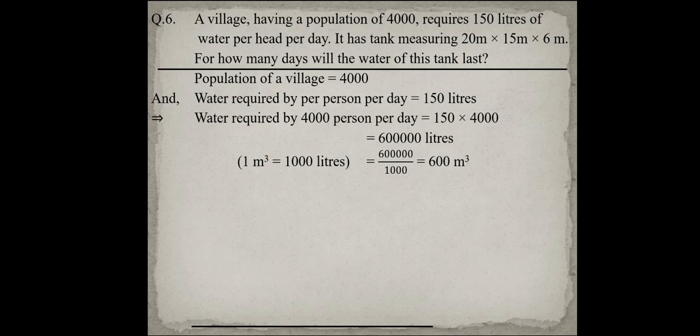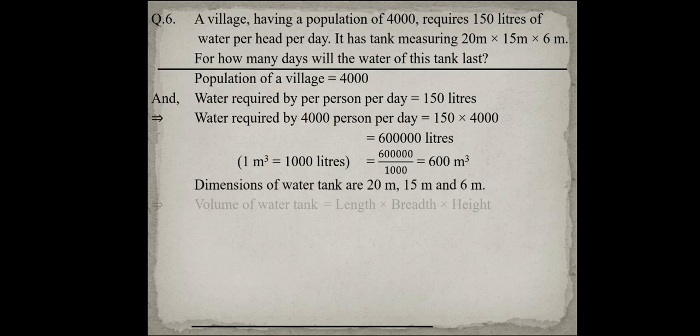So first of all we will convert this into meter cube. So here 6 lakh upon 1000 equals 600 meter cube, because 1 meter cube equals 1000 liters.